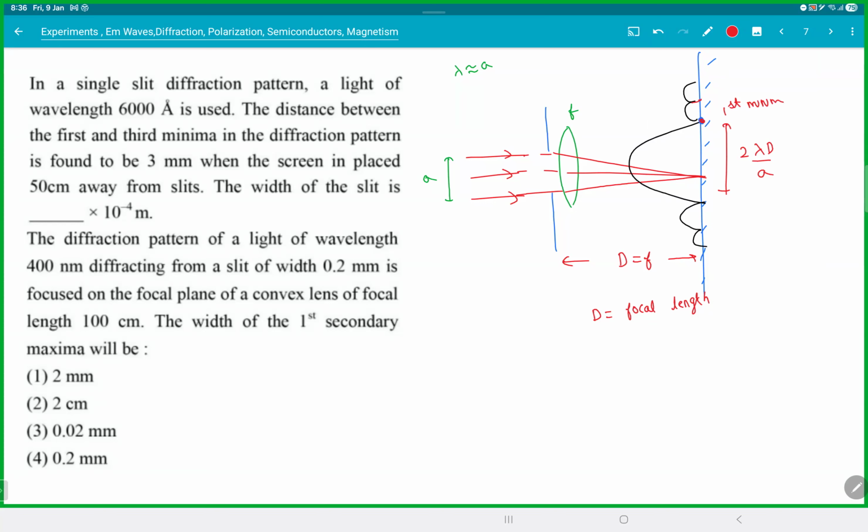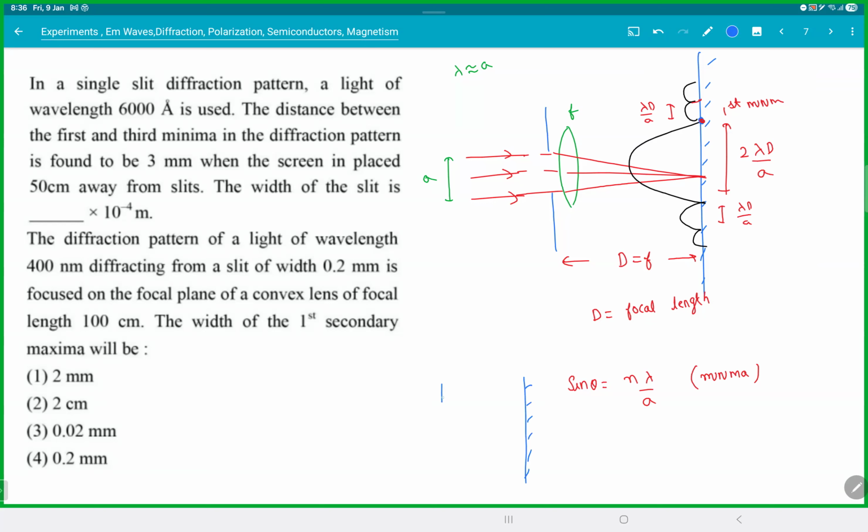And the remaining fringes will be lambda D by small a. They will be of equal width, only the central fringe is the biggest. And where does the minima occur? Sine theta is equal to n lambda by a. This is the condition for minima. That's your main thing there.